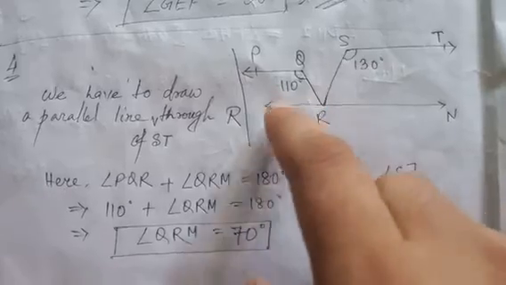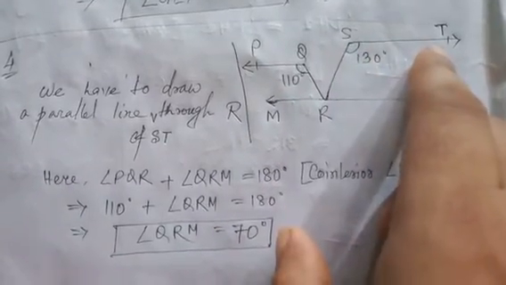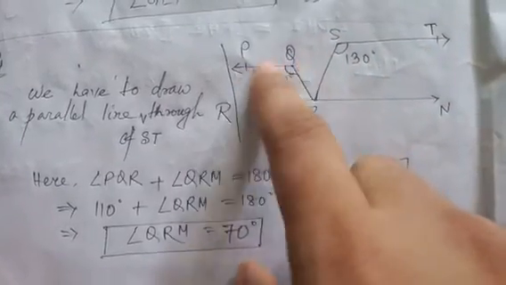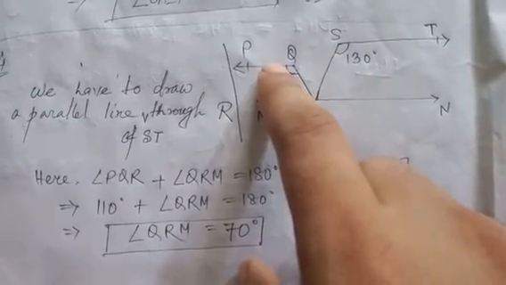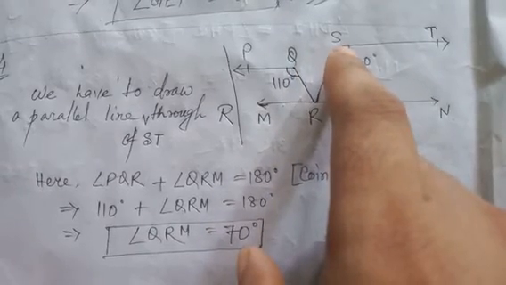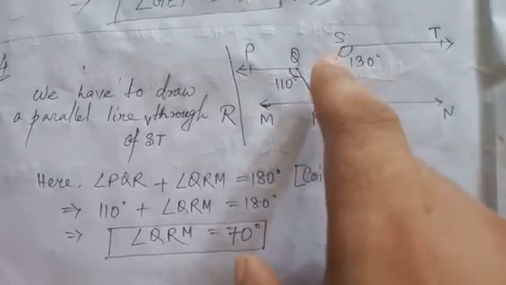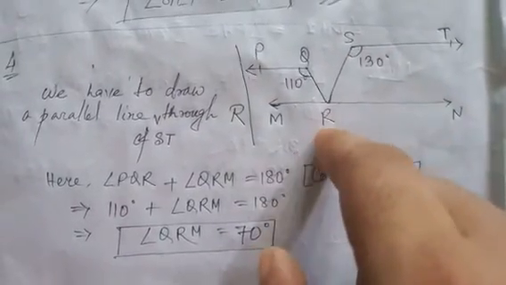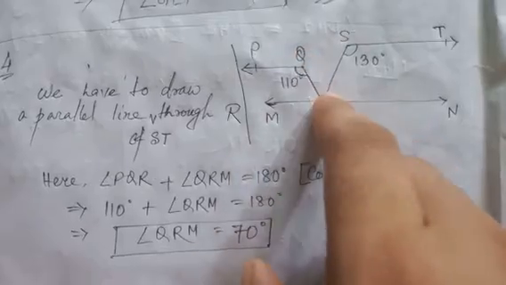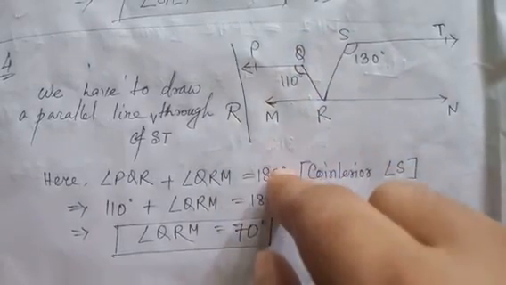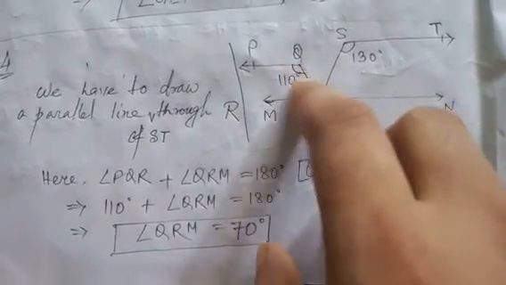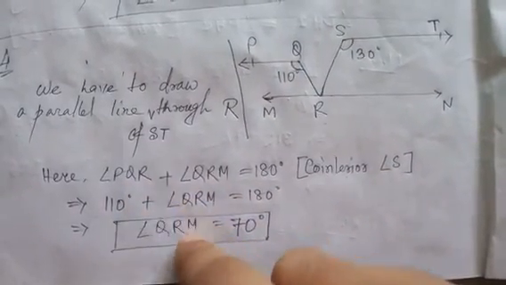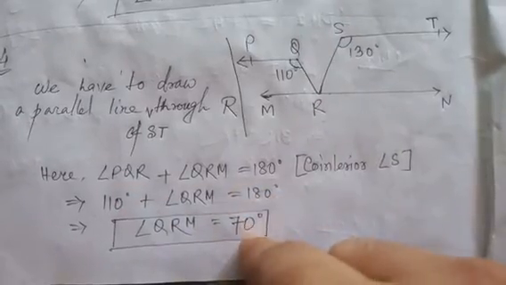Let us draw a line parallel to ST. Here ST ray and PQ ray are parallel to each other, and we need to draw a line which is parallel to ST. Here PQR plus QRM is 180 degrees, co-interior angles. Put the value of PQR, 110. Therefore QRM is 180 minus 110, which is 70 degrees.